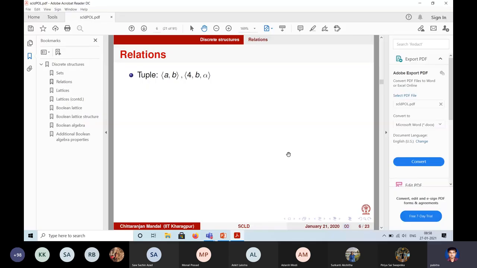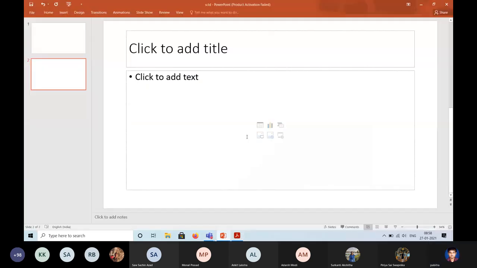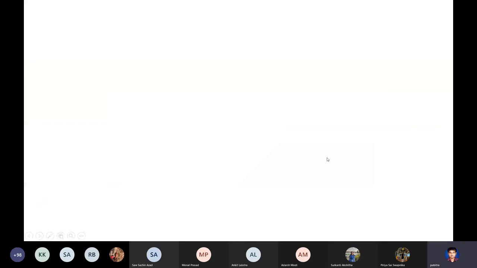In fact, there is another example we can talk about. Let's quickly do that. Let's say our set is all straight lines in 2 dimensions.